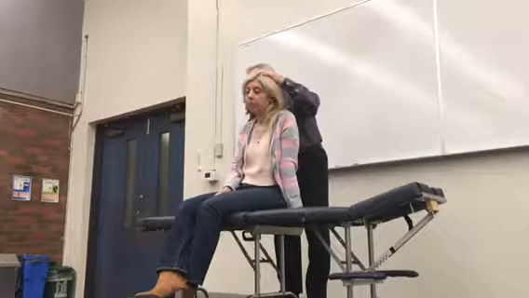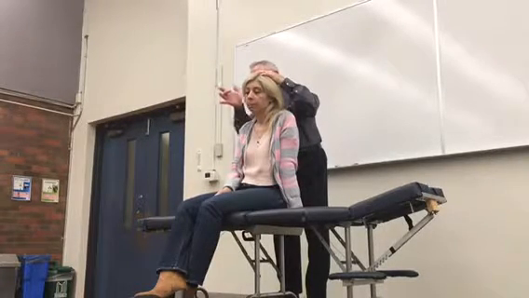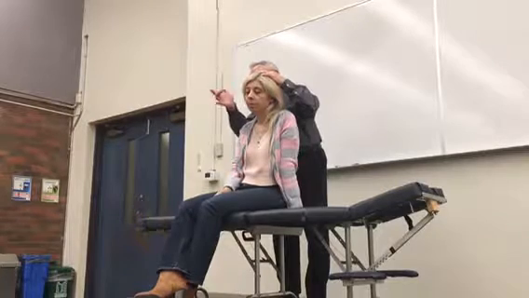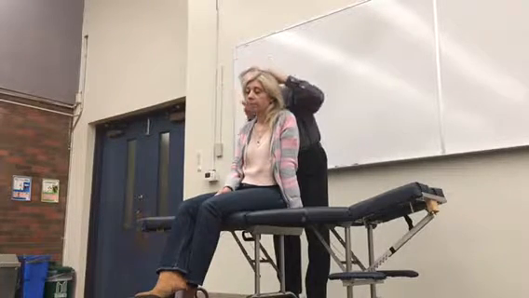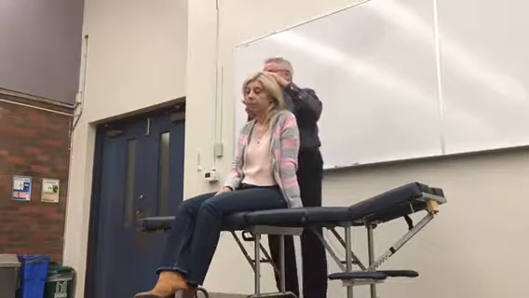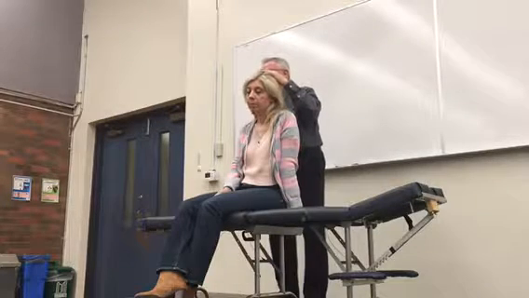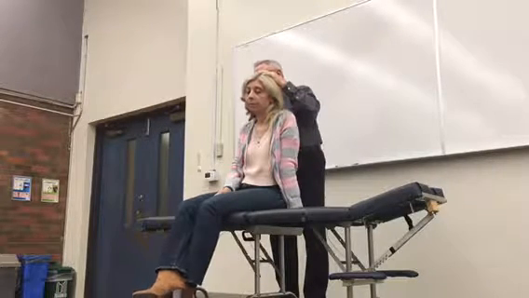Okay? So, when you're looking for that anterior space, just come in and find the transverse process, and then move your palpating finger forward so that your fingernail is touching the posterior aspect of the ramus of the mandible. And that will automatically put your finger in the anterior space.